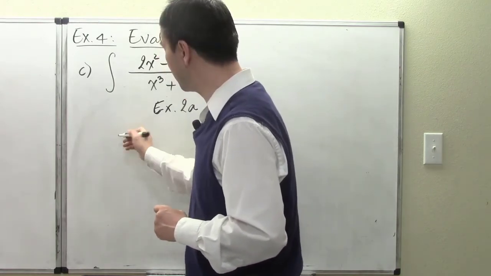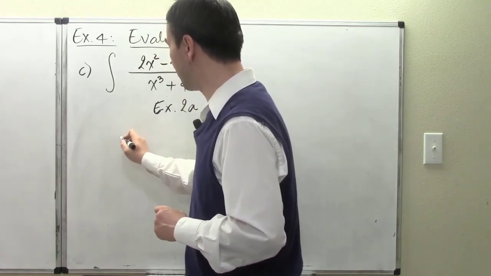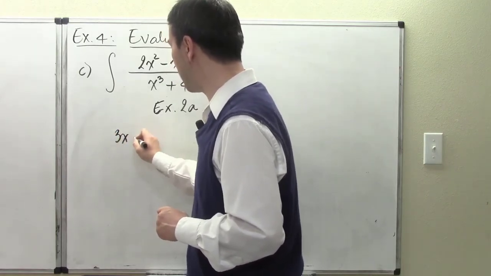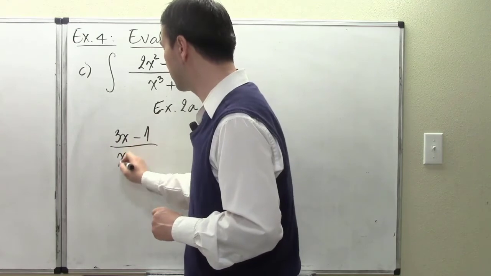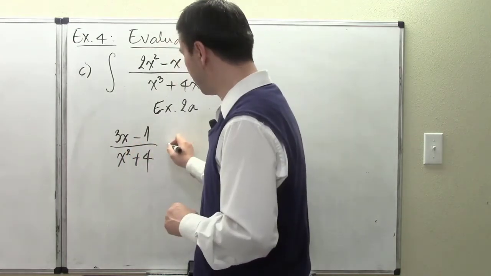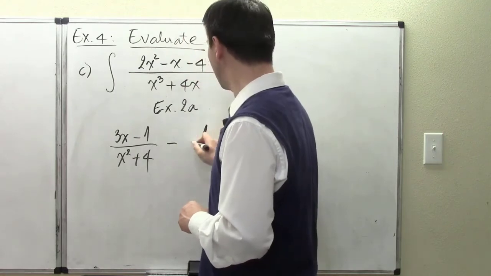It's going to be, allow me to write as follows, 3x minus 1 over x squared plus 4. That's one partial fraction. Okay, and then minus 1 over x.